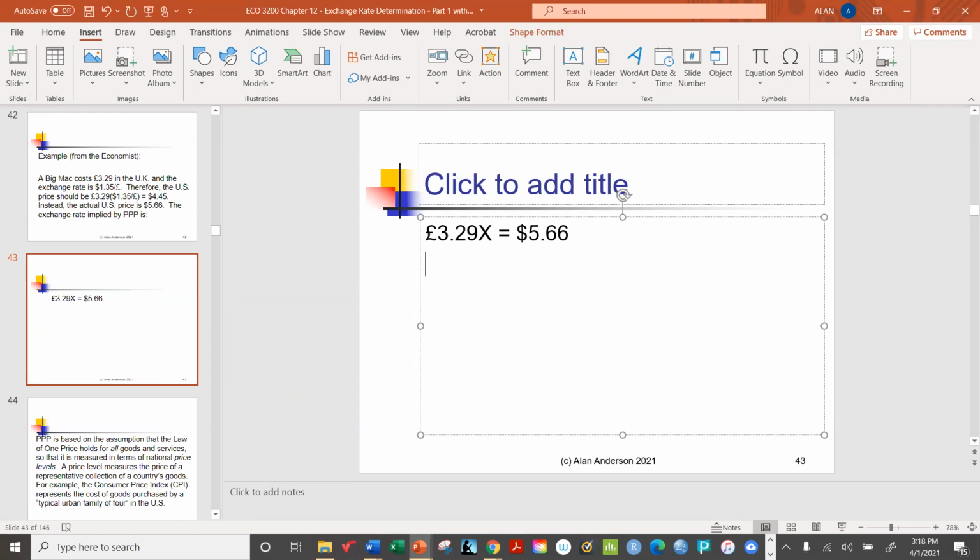To solve for X, I take 5.66 over 3.29 pounds, which turns out to be about $1.72 per pound.